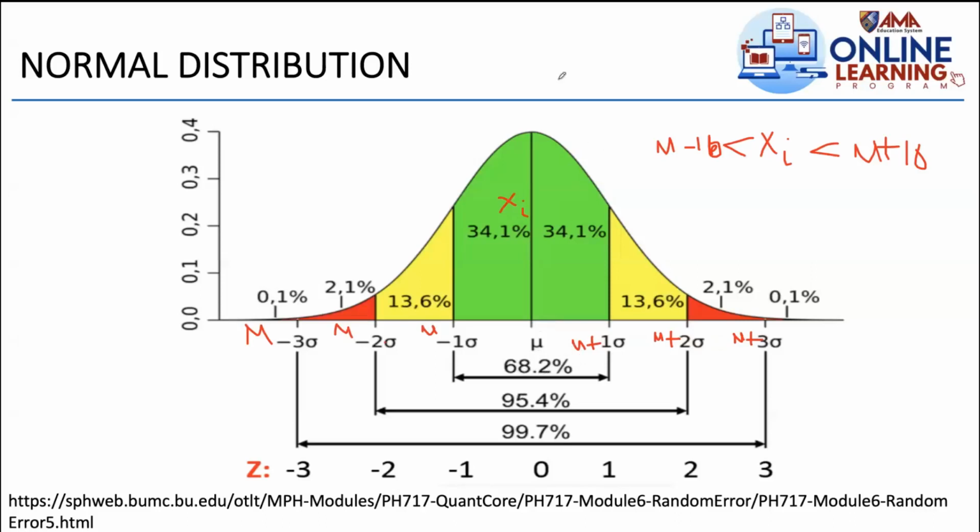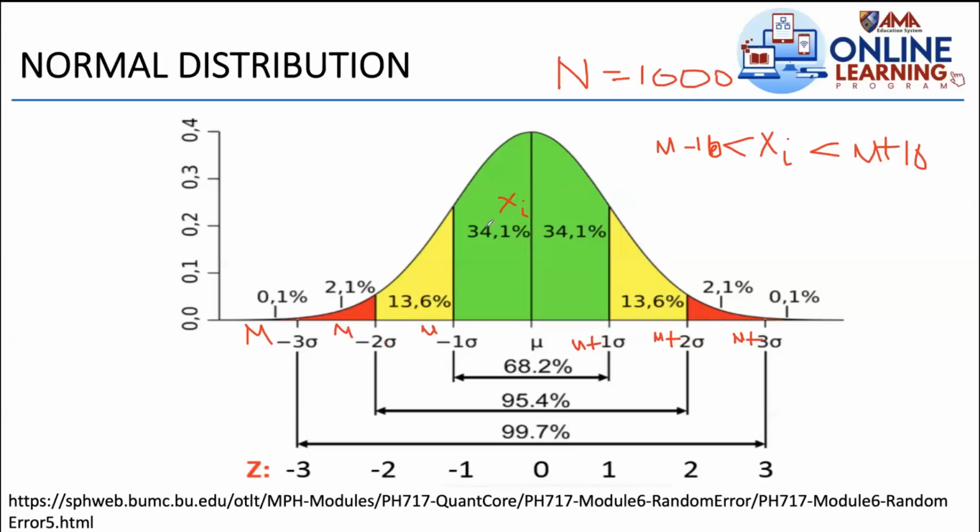So if your population size is 1,000, as an example, you're talking of 1,000 data values. Just get the 68%. What's the 68% of 1,000? 680.